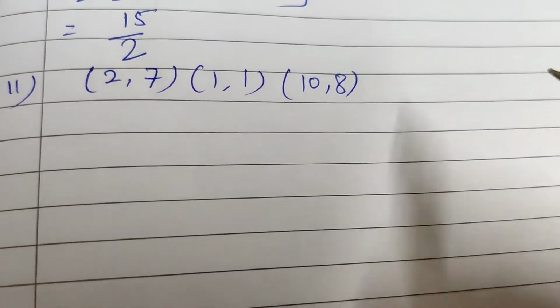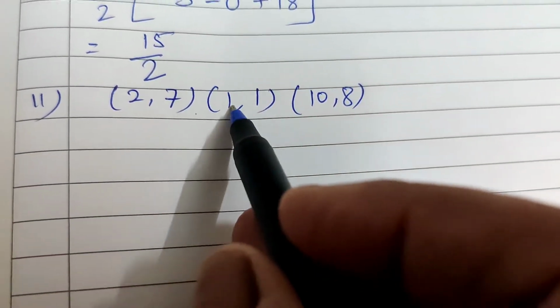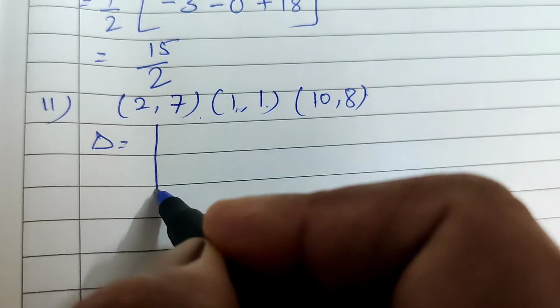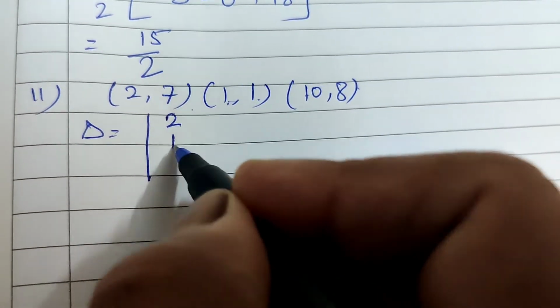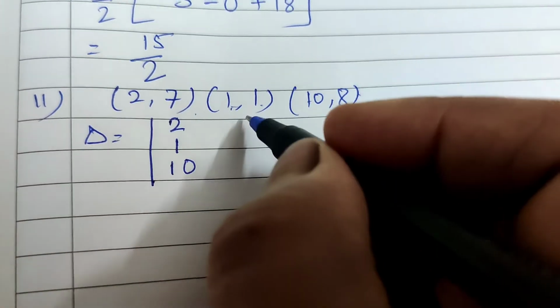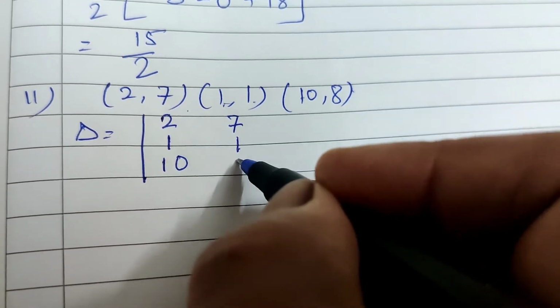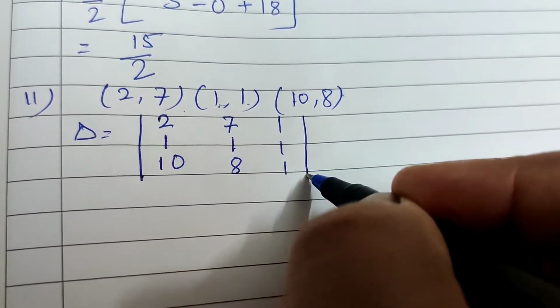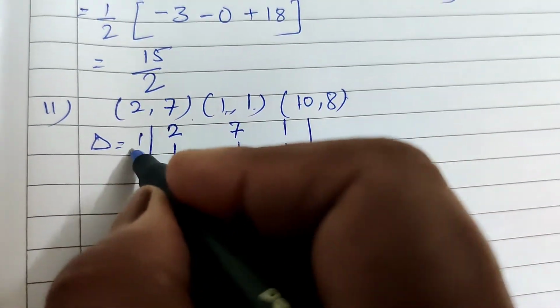Now find the area when the coordinates are 2, 7, 1, 1, 10, 8. Now form a determinant with x1, x2, x3, y1, y2, y3 and a third column of constants 1, 1, 1. Now solve 1 by 2.